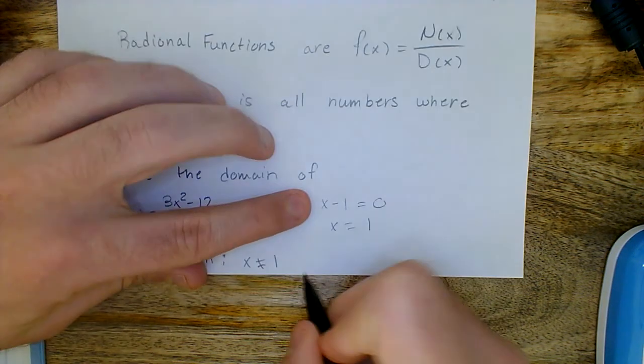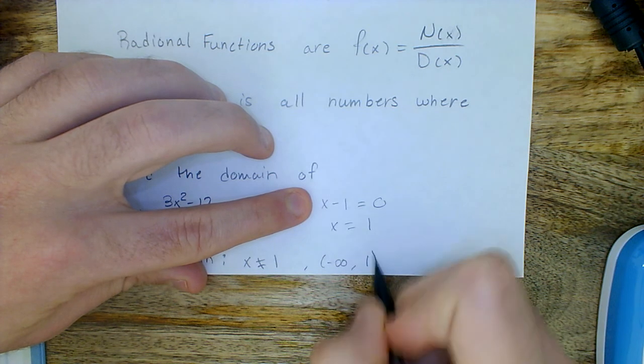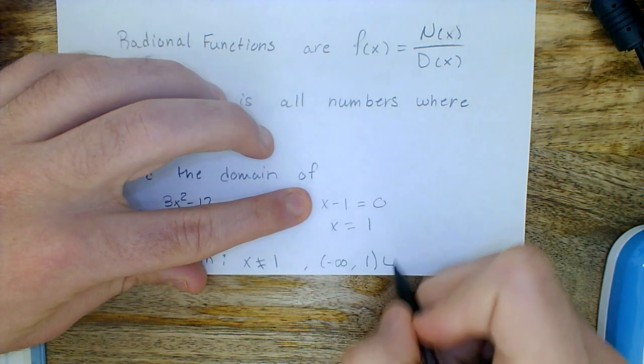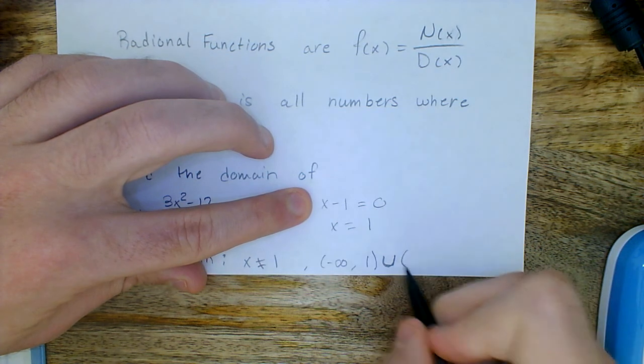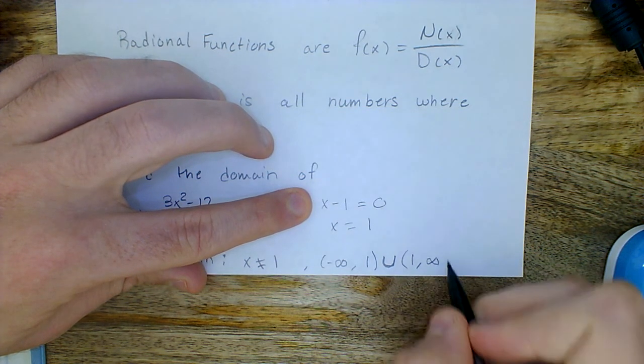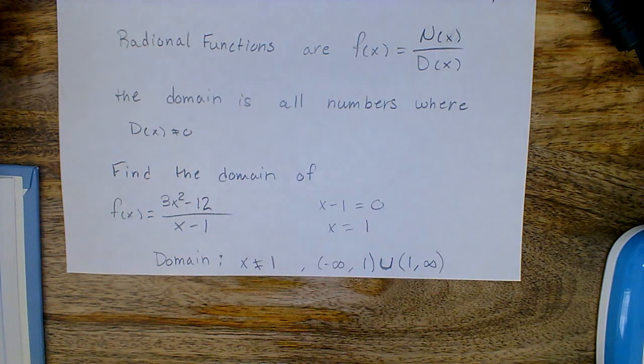Or you can write that as negative infinity to 1 excluded, union, 1 to infinity. These are 2 separate ways of writing a domain. Okay? So that would be the domain of that rational function.